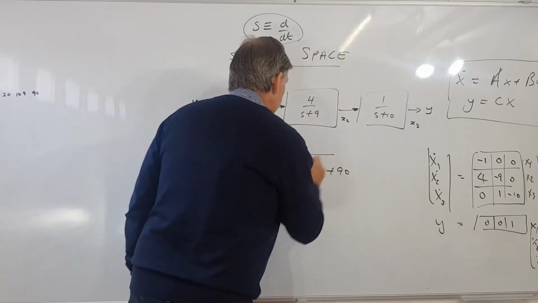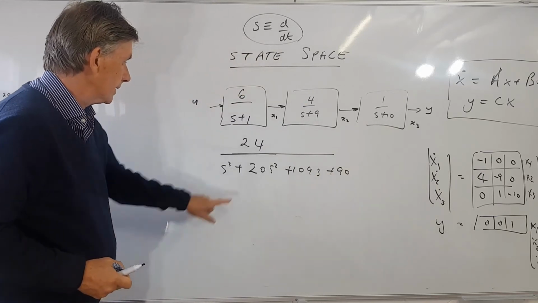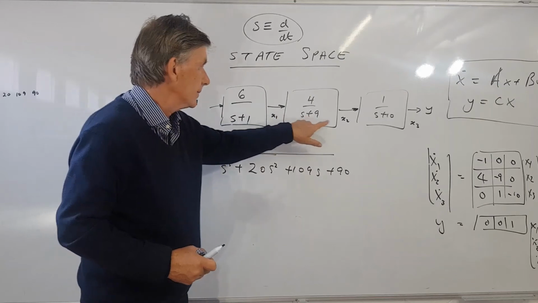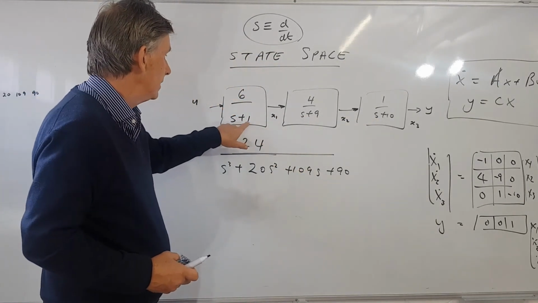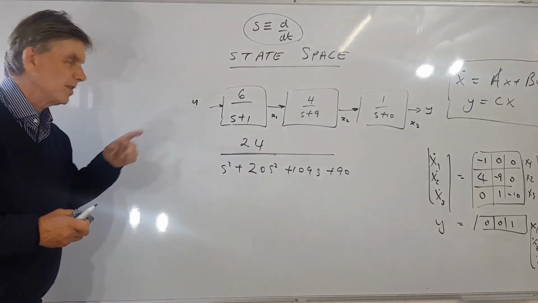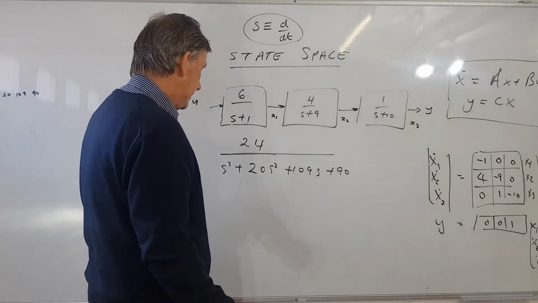So if I multiply that by that by that, you can check some of these numbers because that one will be that plus that plus that. That number there will be that times that times that. And to get that number, it's that times that plus that times that plus that times that. It's the product of the three things added up. Anyway, that's our transfer function.